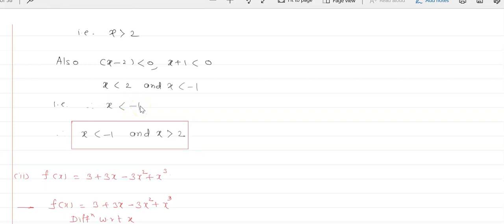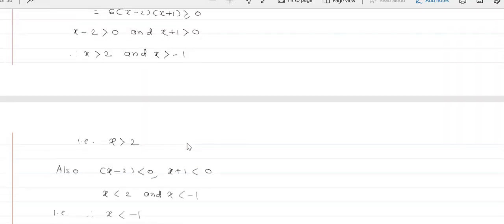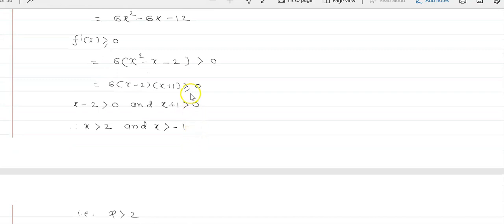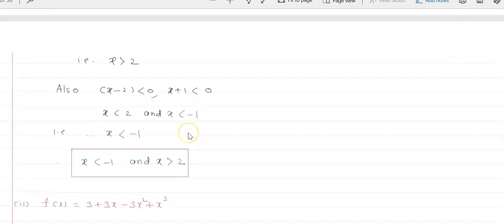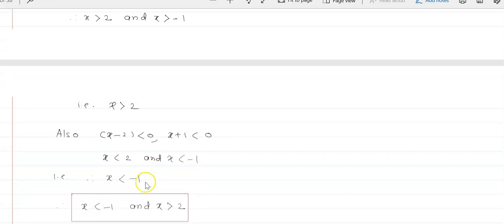Therefore, the given function is strictly increasing for x less than minus 1 and x greater than 2. That's why I am repeating again that though I have written greater than or equal to here, we can write greater than only. Now see this here again.